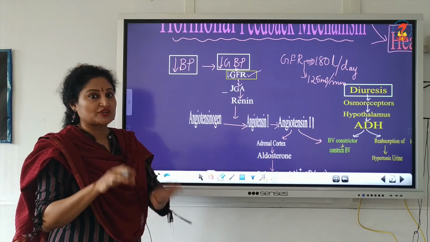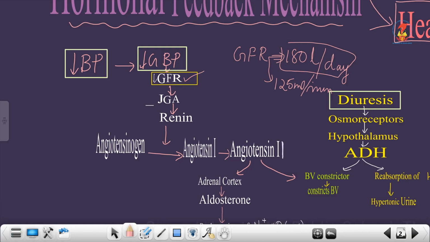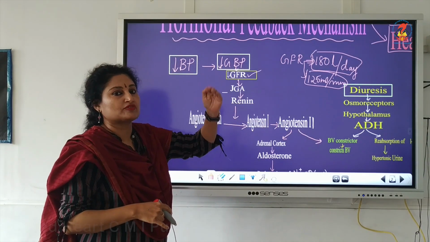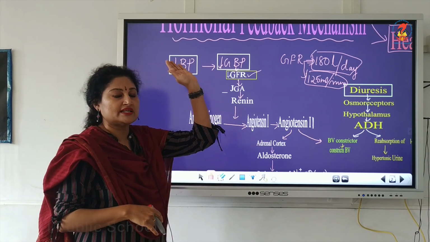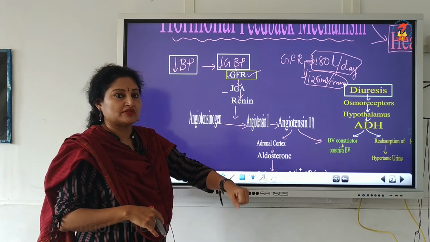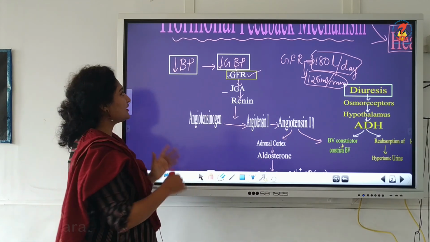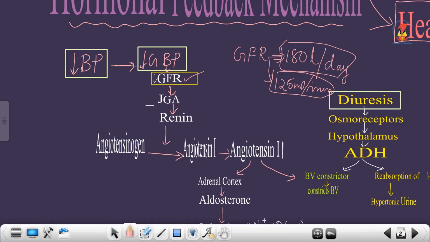There should not be fluctuations to maintain this rate and to generate so much filtrate. So, for that we have hormones to bring about the adjustments in BP. When the BP goes high, it is brought down, and when the BP goes low, it is brought up. So, let us start off with low BP. The initiator I have started with is low BP.